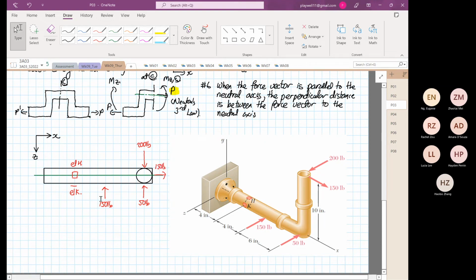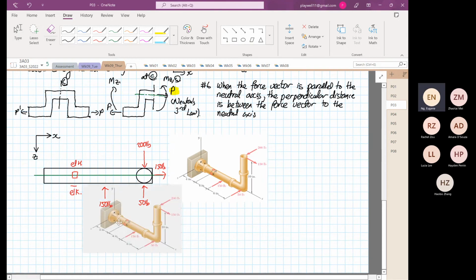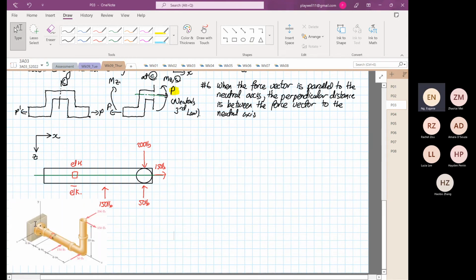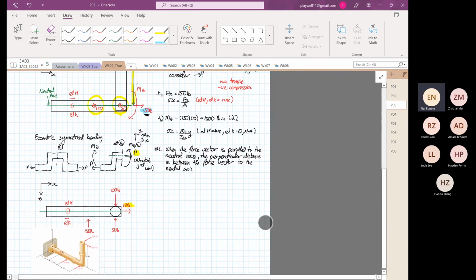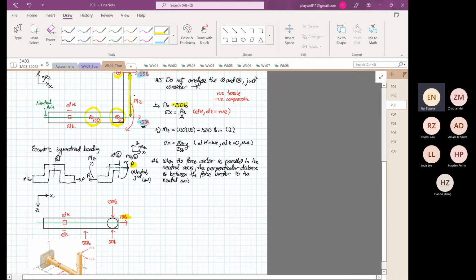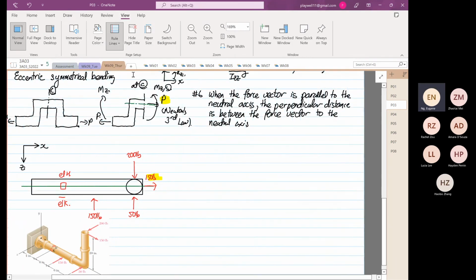By looking at this view, it is so clear that the 150 pounds will induce an axial load, yes or no? Which you have done the analysis already, which you have done over here already. Okay. So from this view, now we are going to analyze.